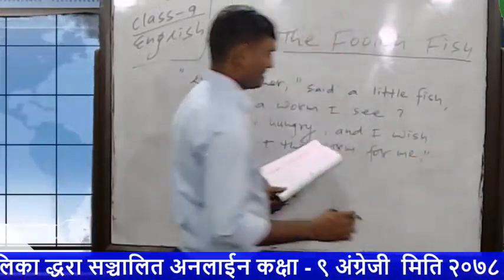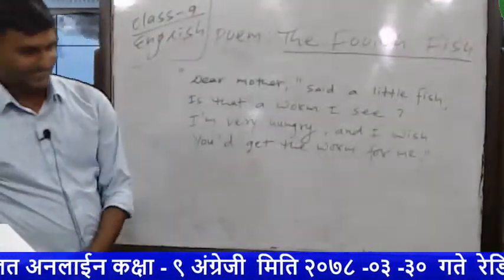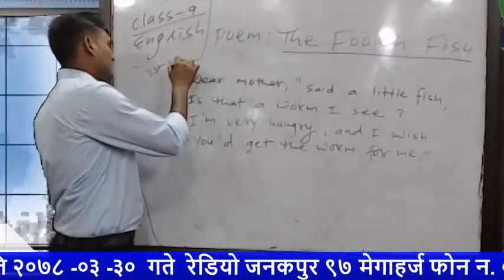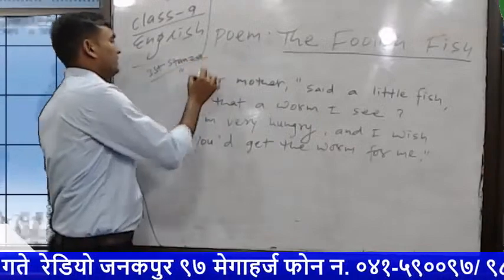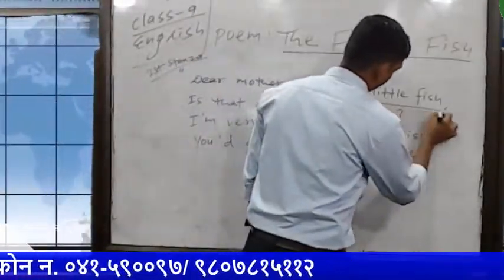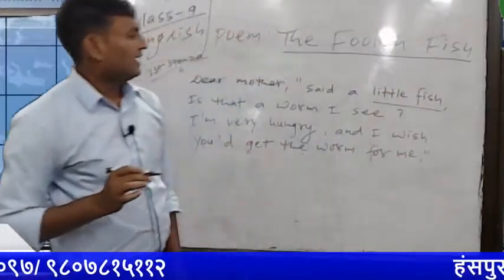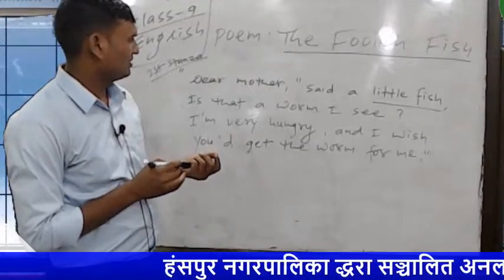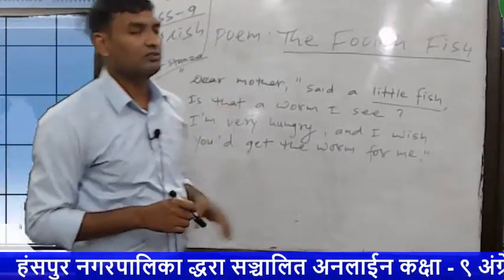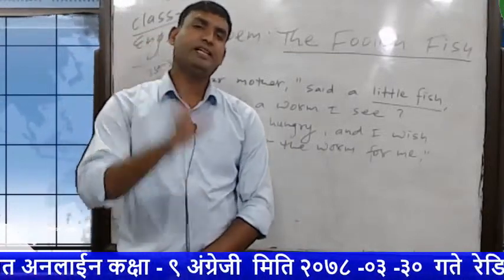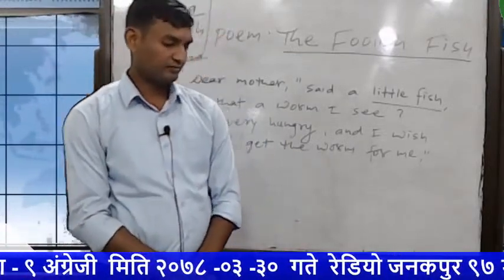Okay, dear students, this is the first stanza in this poem. In the first stanza, there is a little fish, and the little fish saw a worm in the pond, the water resource where they live.